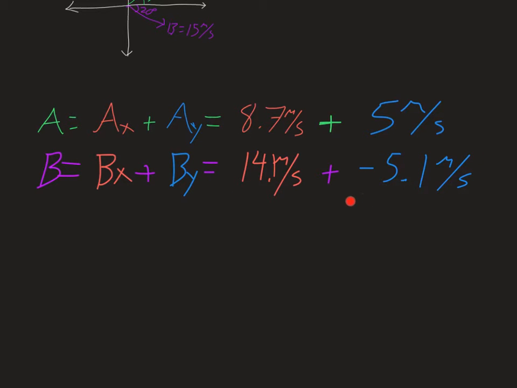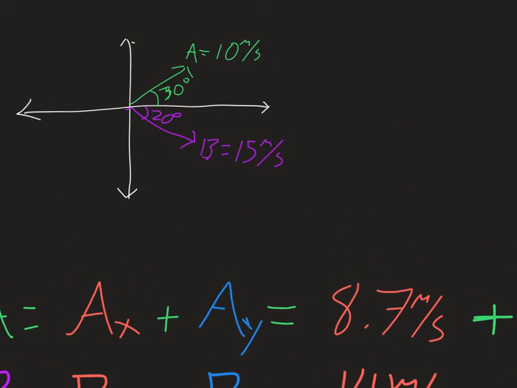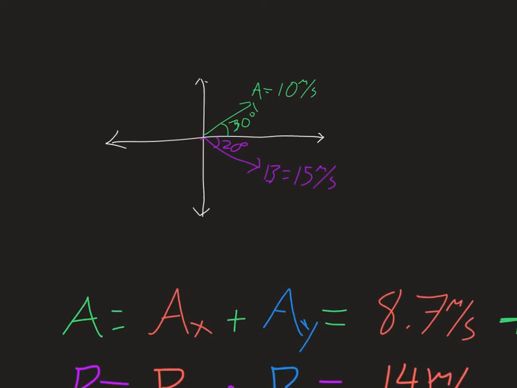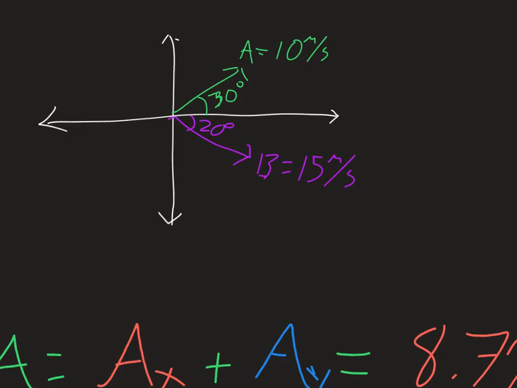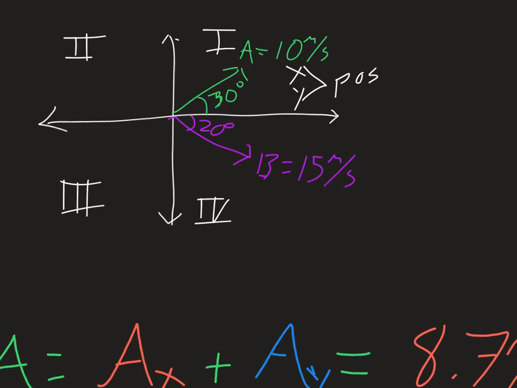And this should make sense if we know anything about quadrants as well, because if you remember quadrants, then you should remember that in graphs you have 4 quadrants, 1, 2, 3, and 4, and X and Y are both positive in the first one.